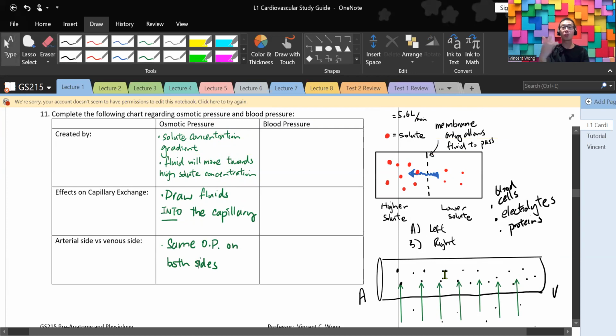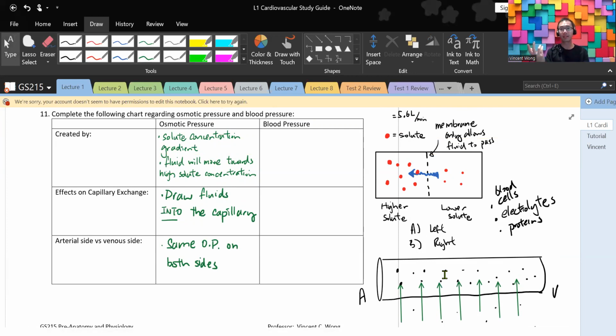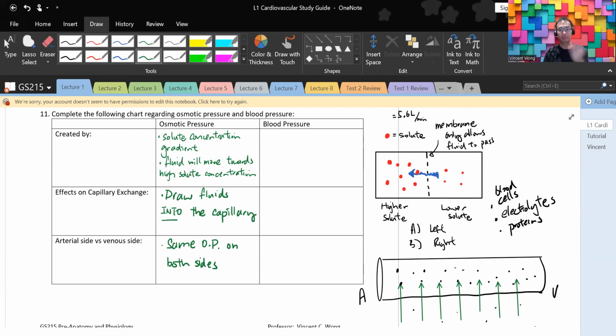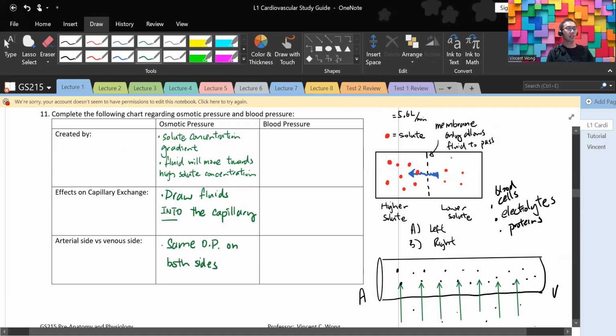For example, if someone has a salty diet, that could further increase the solute concentration inside, and that would help them retain fluid, which in turn could increase blood pressure. All right. Anyone else? Last call before I move on to blood pressure.